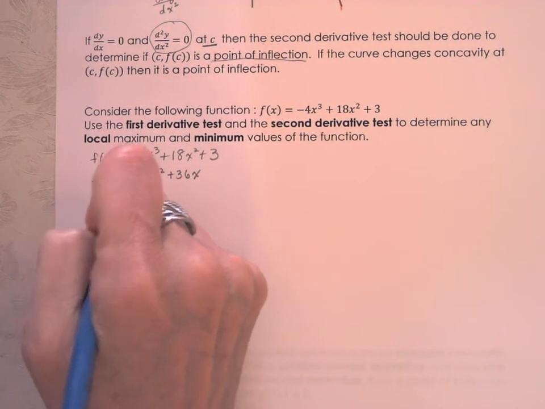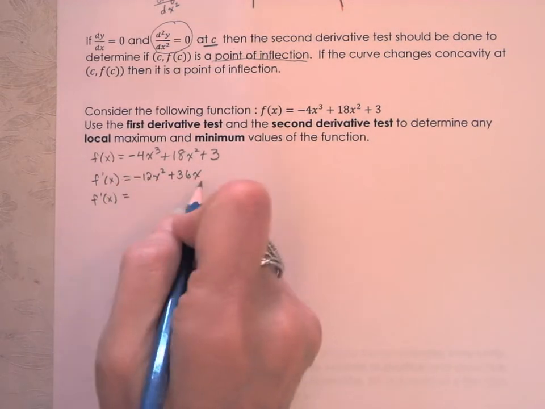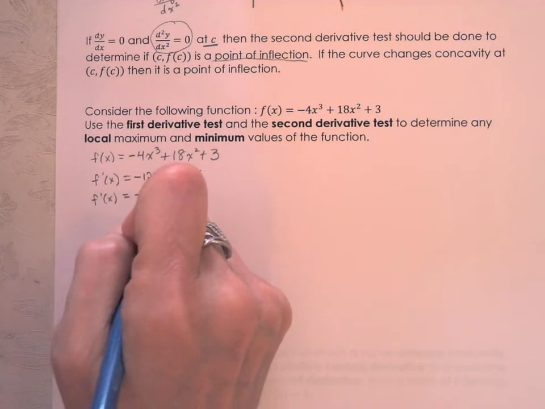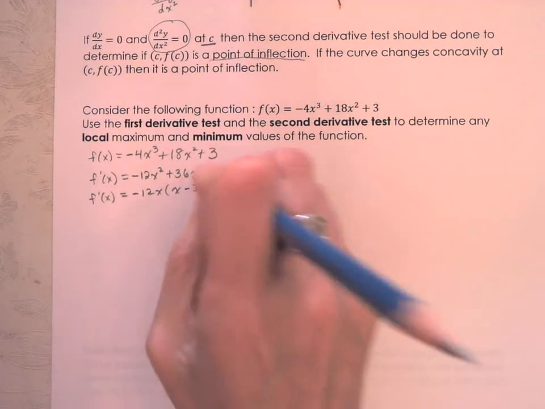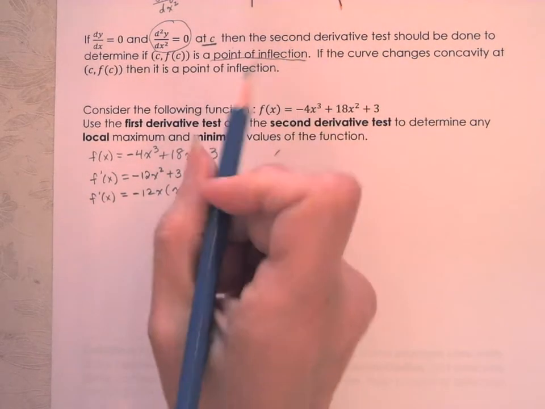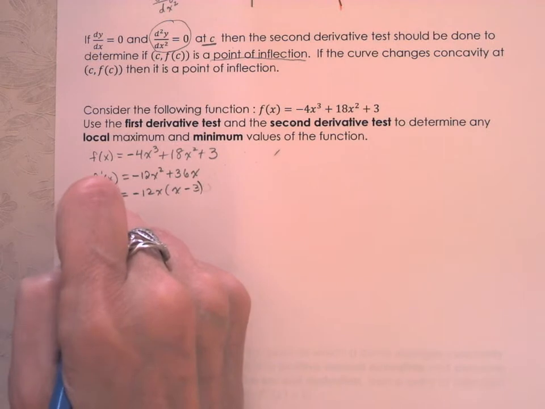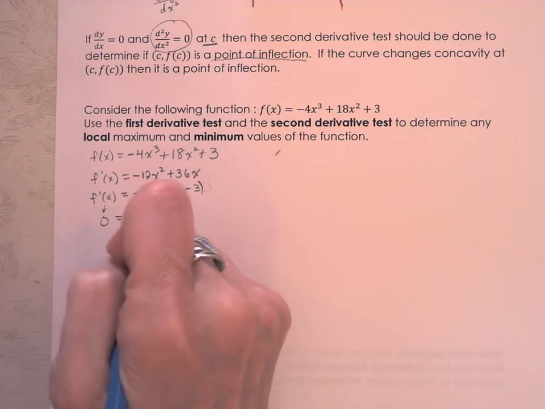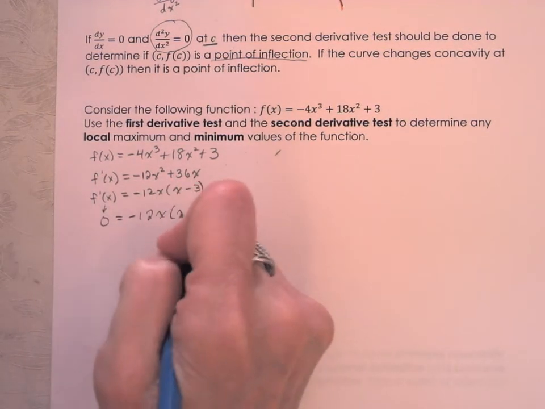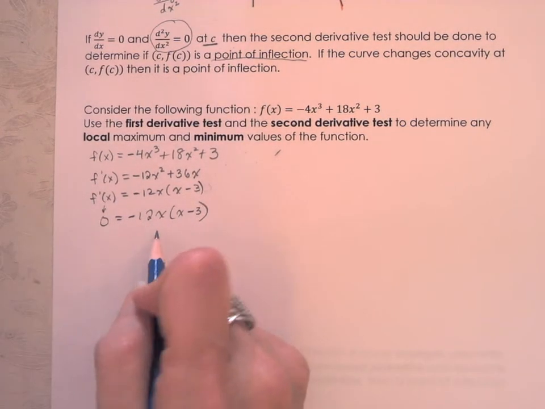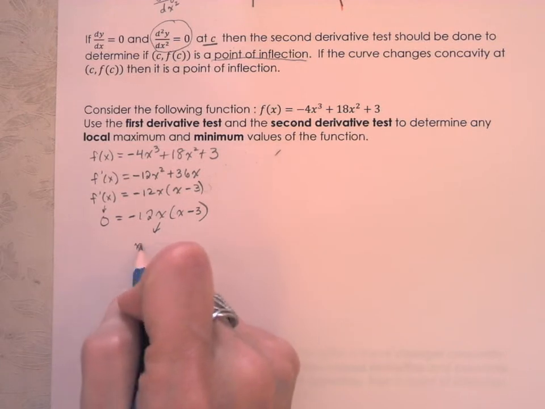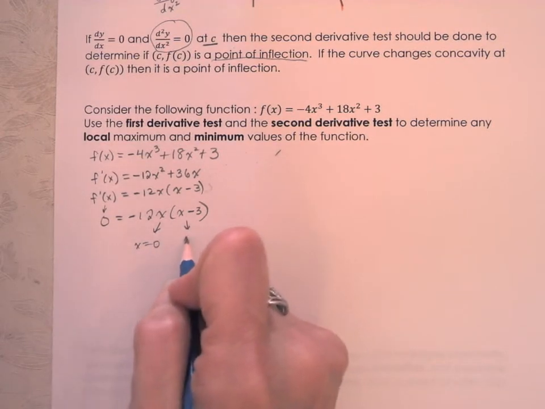Now let's put it in factored form, so we can common factor out negative 12x. Set it equal to 0 and solve for x, and those will be where our critical values are. So we can see our critical values would be when x is 0 and when x is 3.